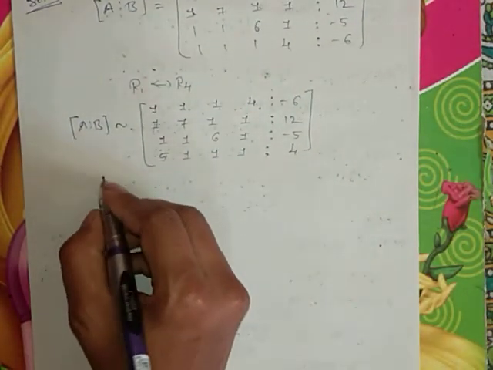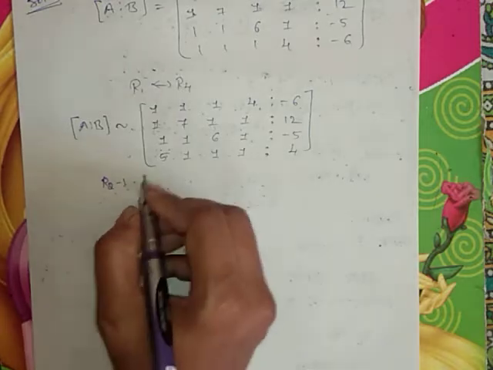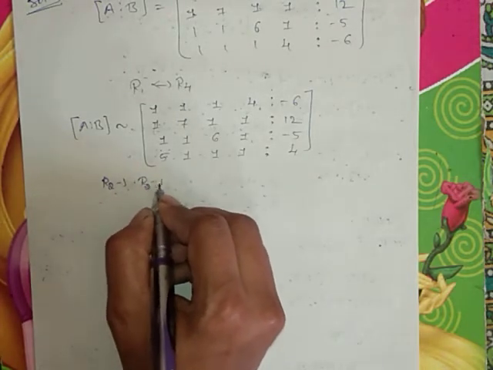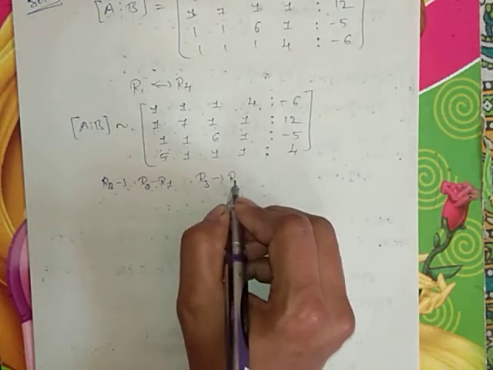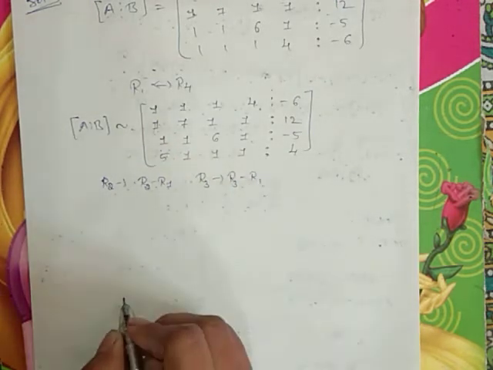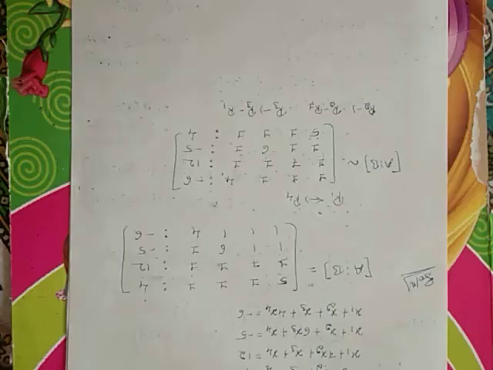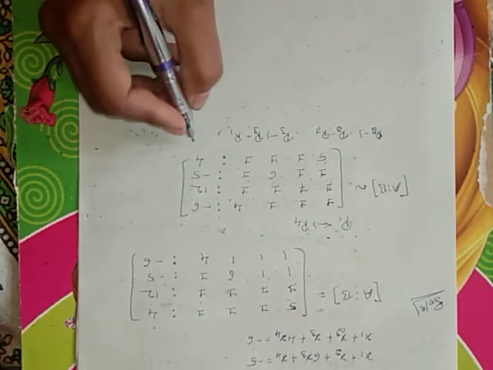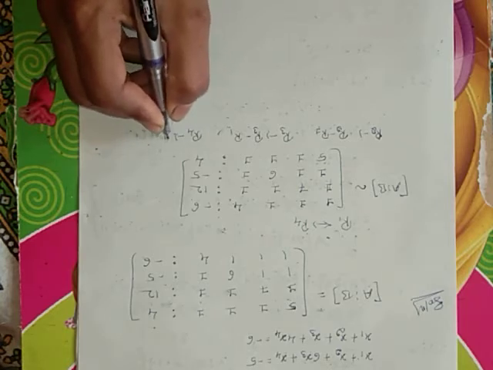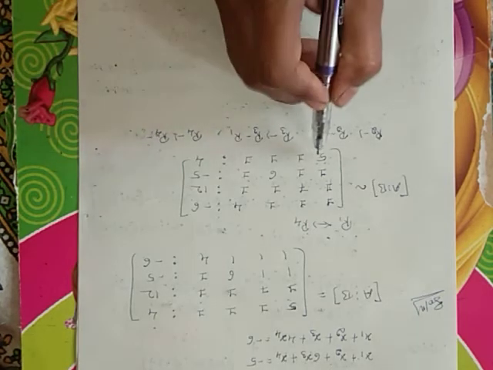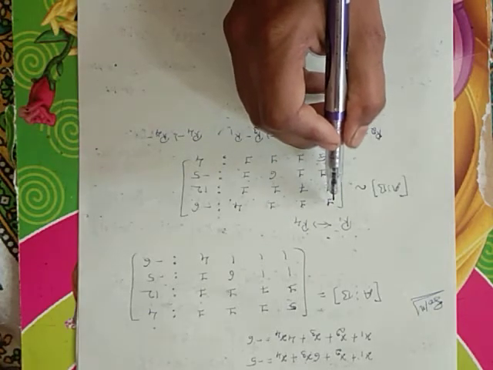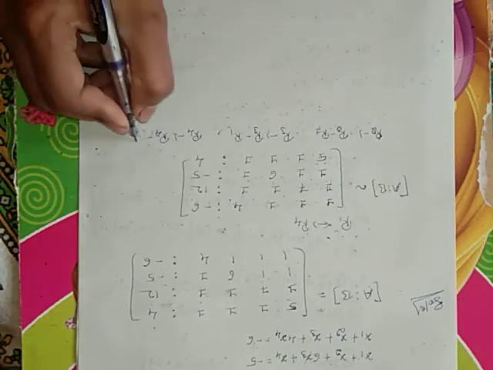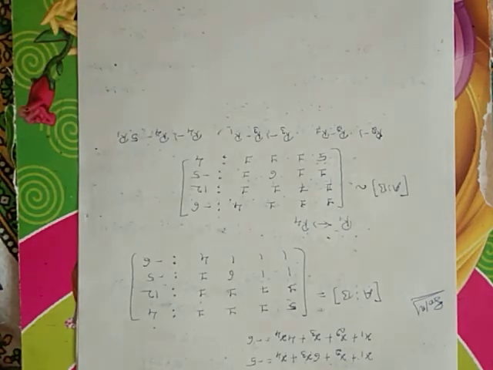To follow that procedure, the transformation I am using is R2 tends to R2 minus R1, R3 tends to R3 minus R1, R4 tends to R4 minus, here it is a 5 and this term is 1, so I am converting it by multiplying R1 by 5.